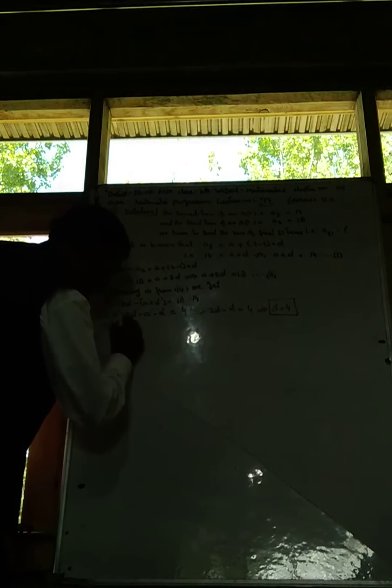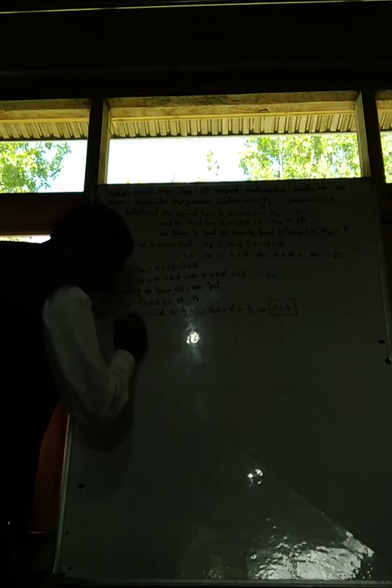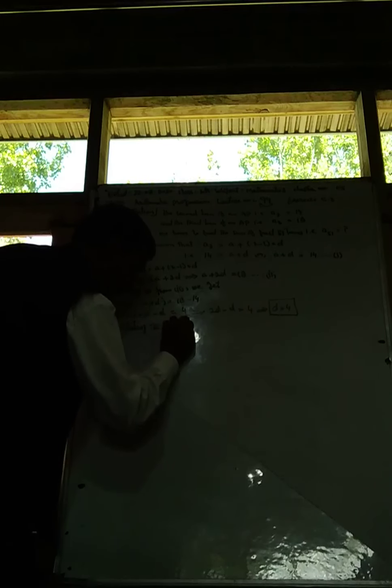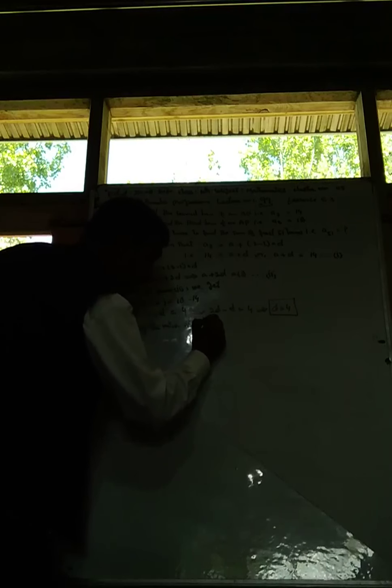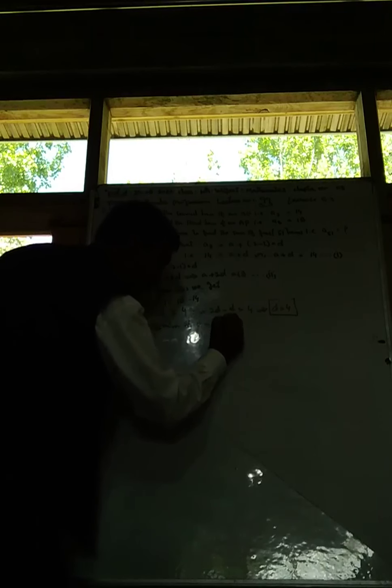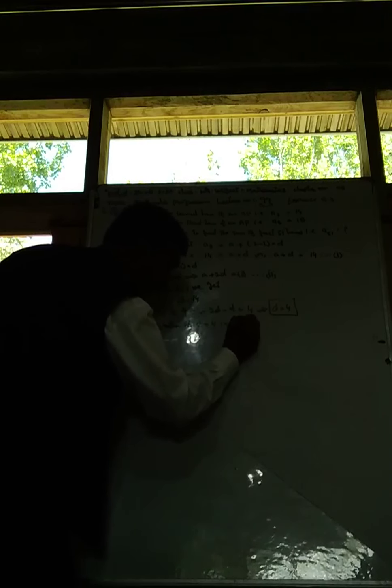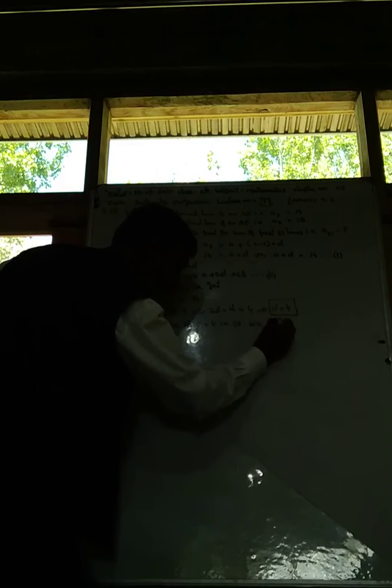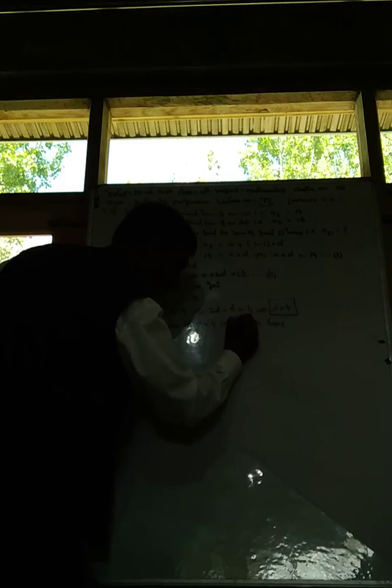Now substituting the value of D is equal to 4 in first we get, first is here A plus D equal to 14.